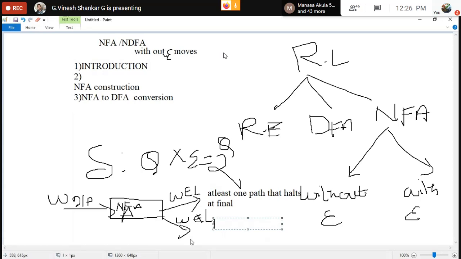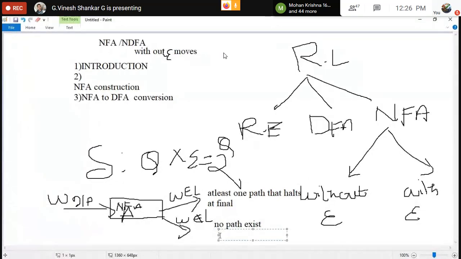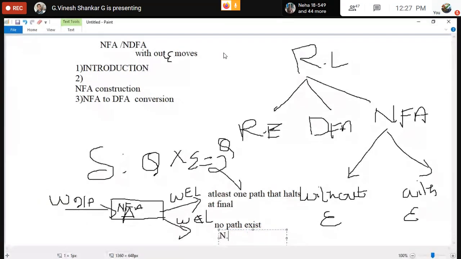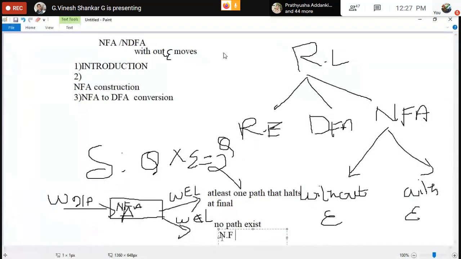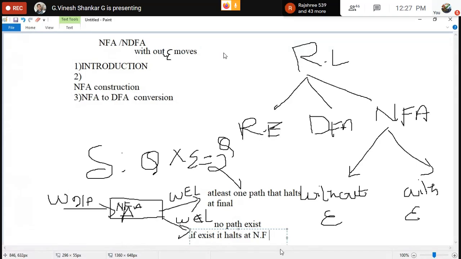If no path exists, or if a path exists, it all sets at a non-final state.